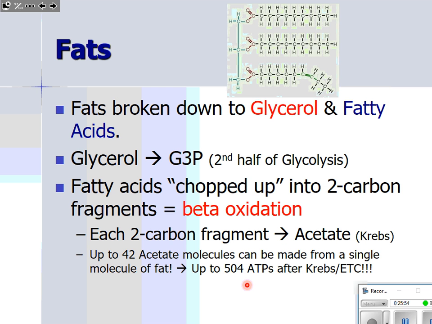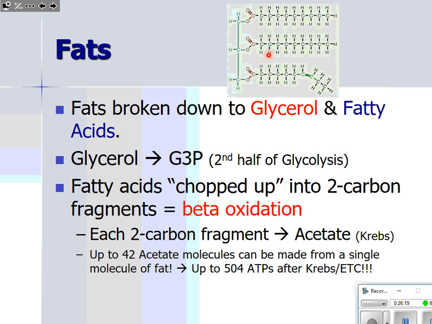The reason fat takes so long to burn, if you've ever tried to lose weight, body fat can be notoriously stubborn, and it takes a lot of exercise for our bodies to break down fat. The reason is, just to process this body fat, I've got to separate the glycerol from the fatty acids. I've got to cut up all the fatty acids into 2 carbon chunks.